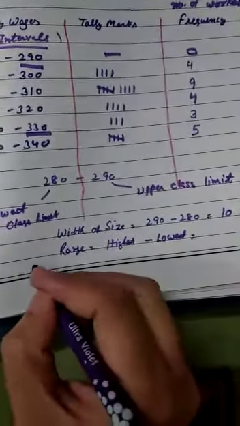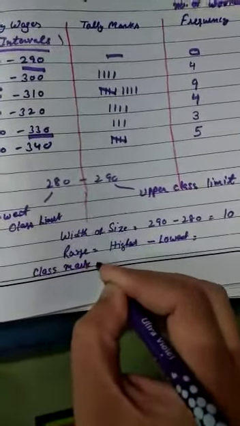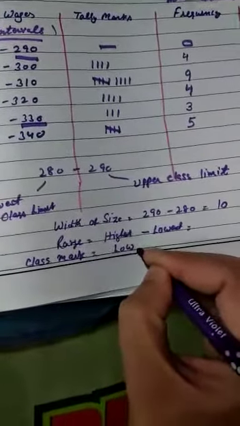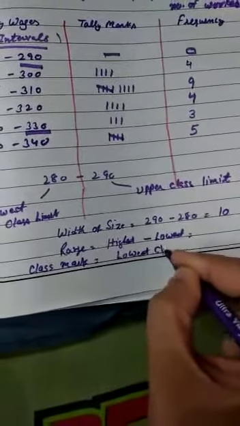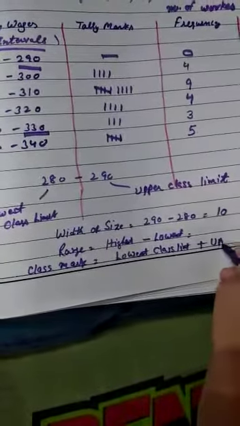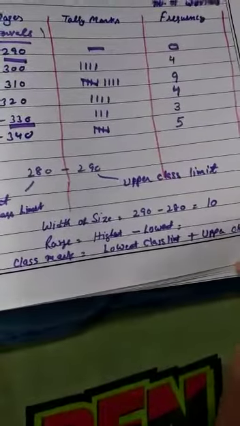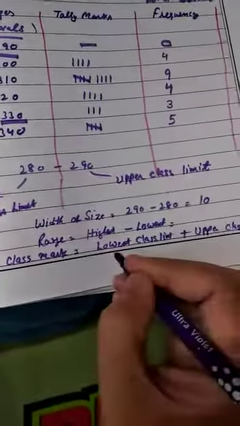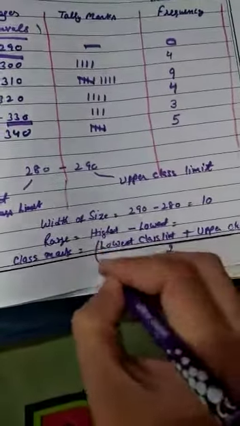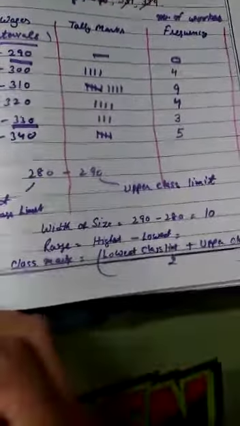Now we can also define class mark. That is the average of the lower class limit plus the upper class limit, divided by 2, for a particular class interval.